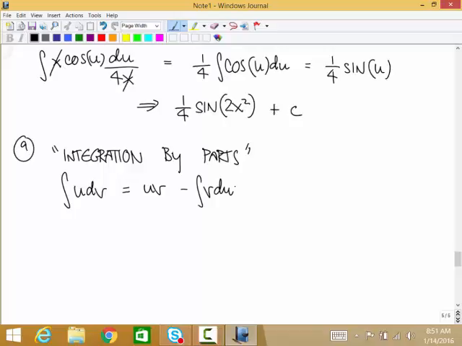Okay, so that's it for indefinite integrals.